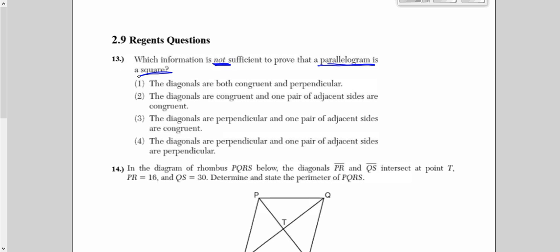He says 4, which would not be sufficient to make the parallelogram a square. So the diagonals being perpendicular would make the parallelogram a what? A rhombus. And one pair of adjacent sides are perpendicular. That would mean we have a rhombus, and the adjacent sides being perpendicular would form what?